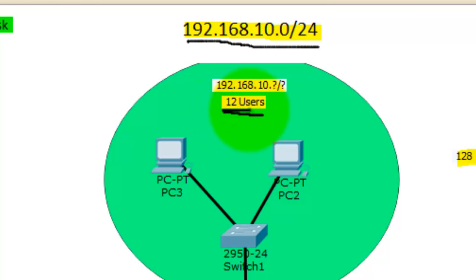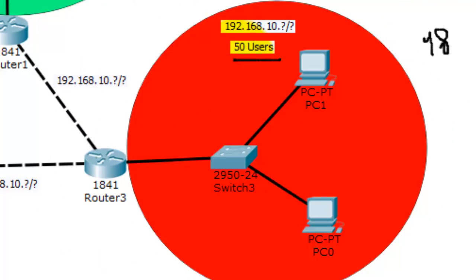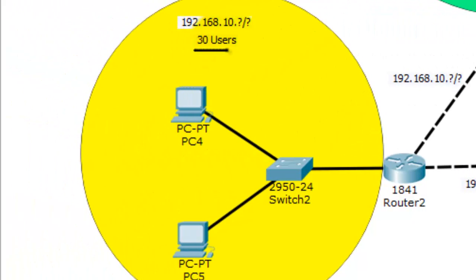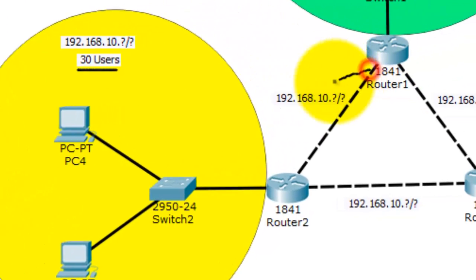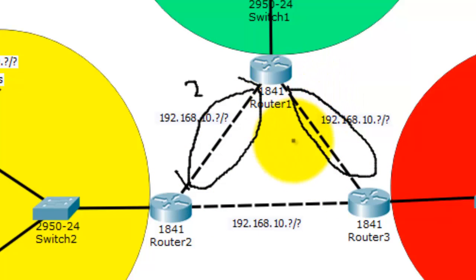The green network has 12 users, the red network has 50 users, and the yellow network has 30 users. And don't forget those point-to-point links. They have 2 IPs, one for each side. Here also they're point-to-point and require 2 IPs, and here also 2 IPs.